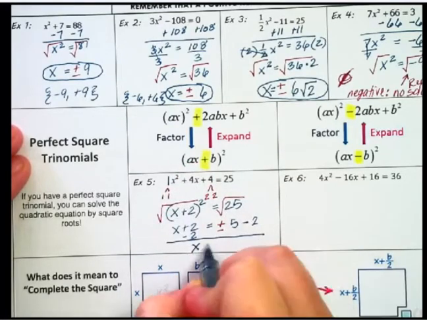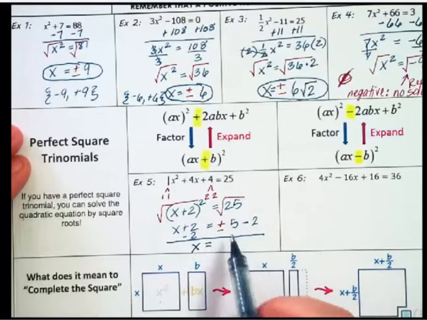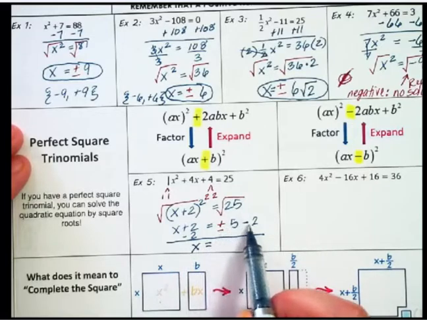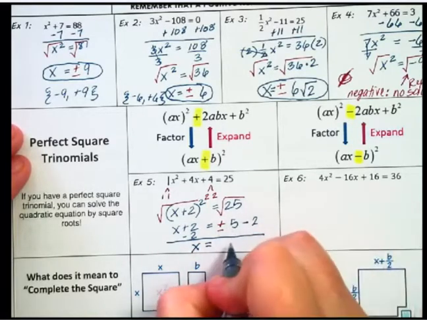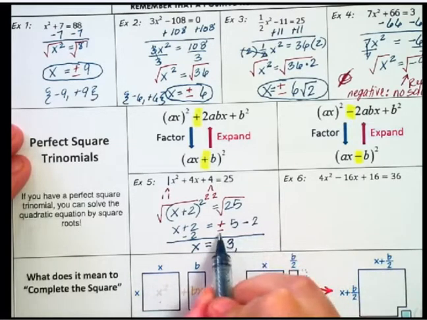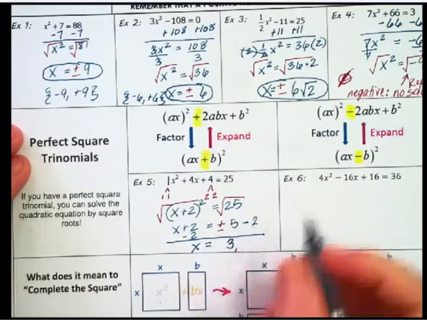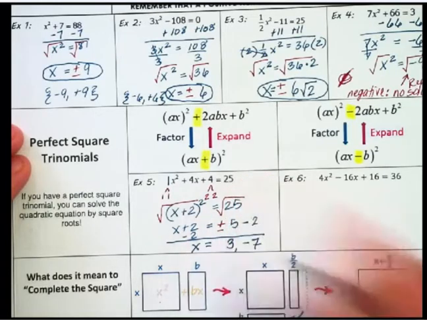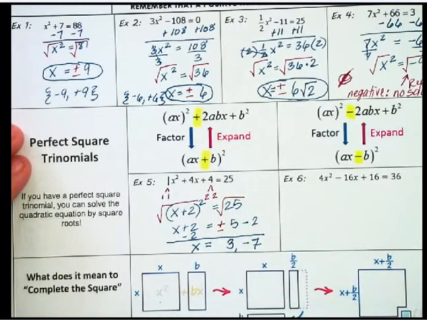So x equals, and here's what I have. I have positive 5 minus 2 is 3. And I have negative 5 minus 2 is -7. So I have two solutions still. All right.